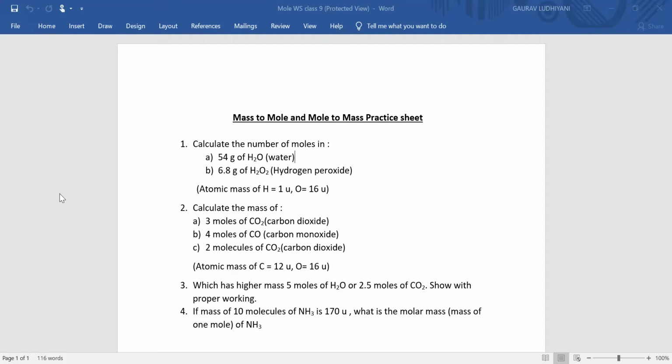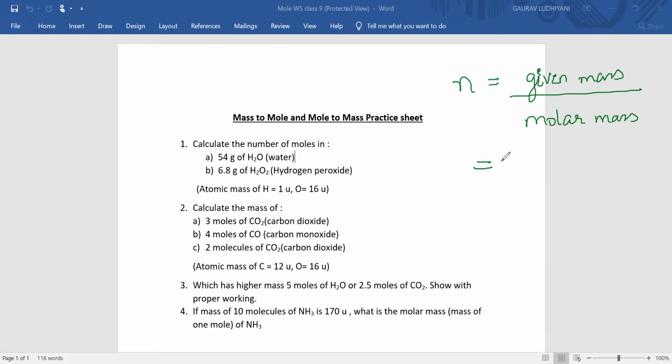So, my personal suggestion is to apply some common sense. But if you want to use the formula, the formula given in the book says number of moles, denoted as N, of any substance is given mass upon molar mass of 1 mole of that substance.